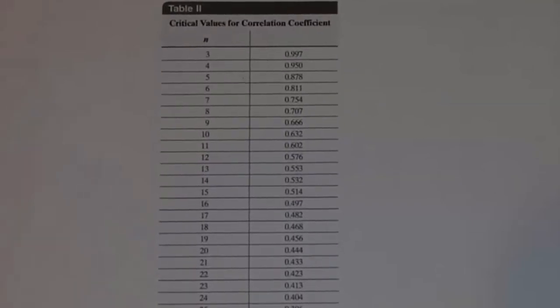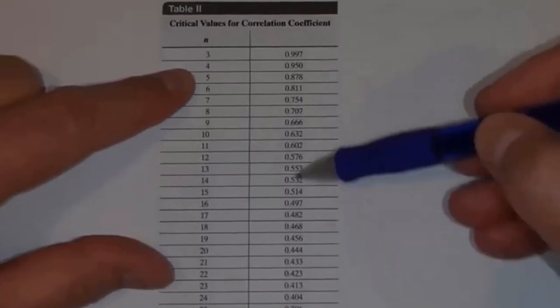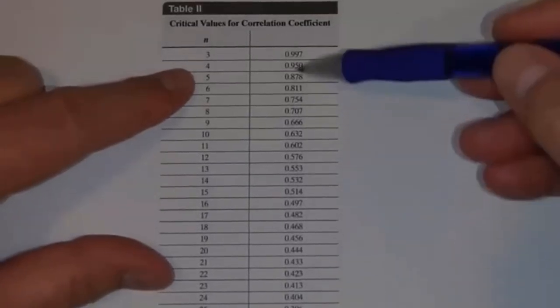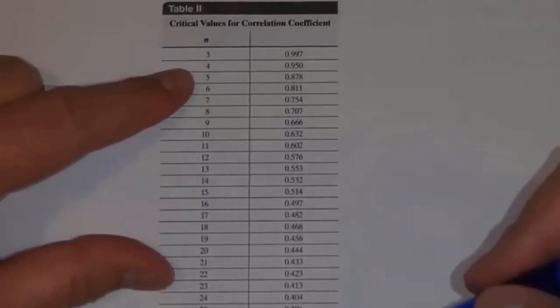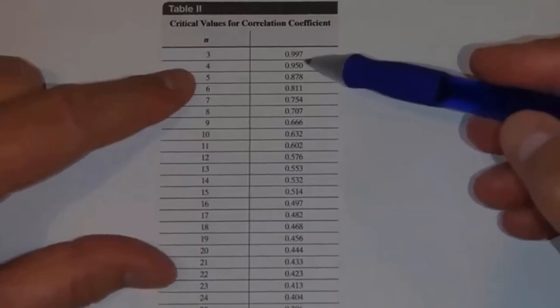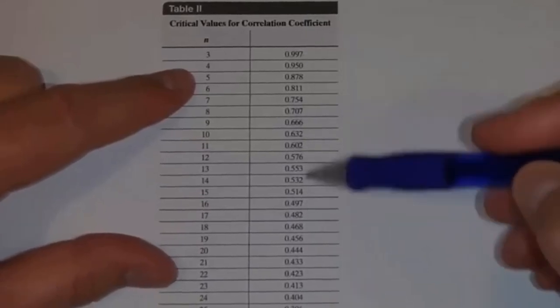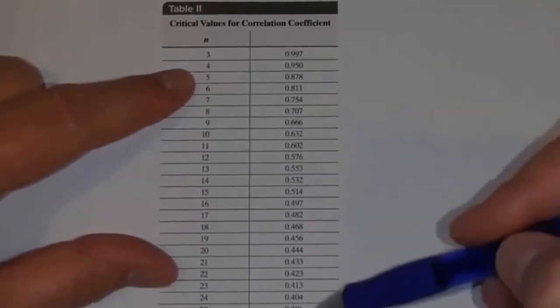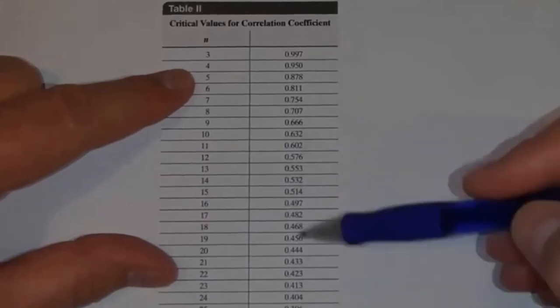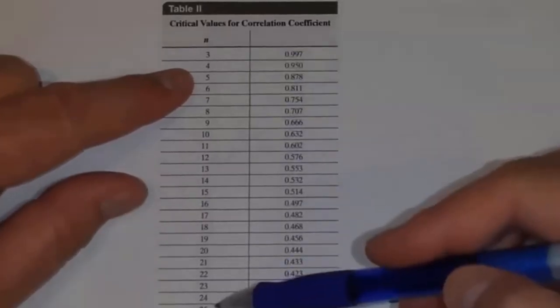Now here's how this table works. Over here in the right column, we have what are called critical values. Basically these are like cutoffs, and the cutoff is going to be different for different sample sizes.